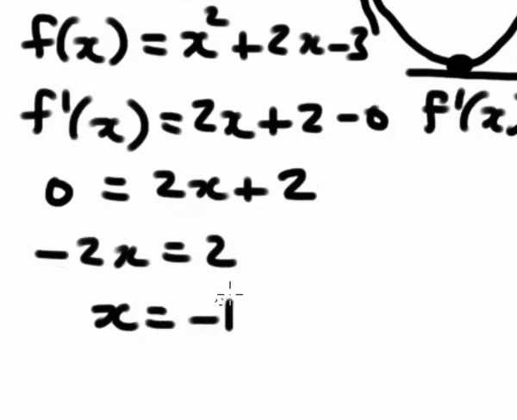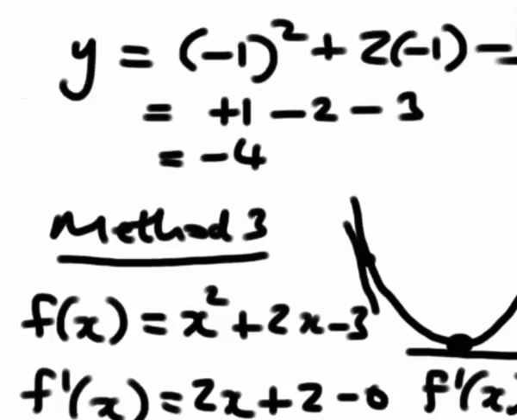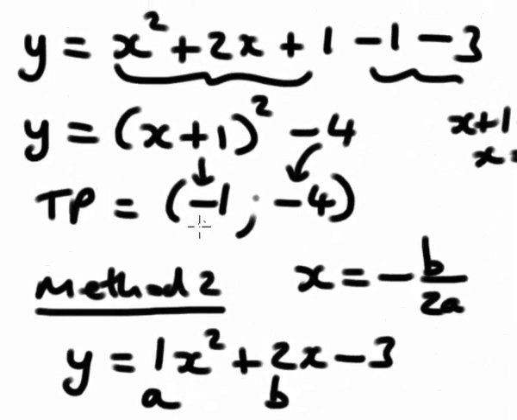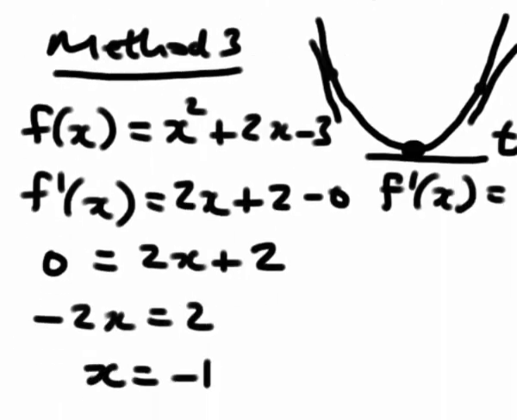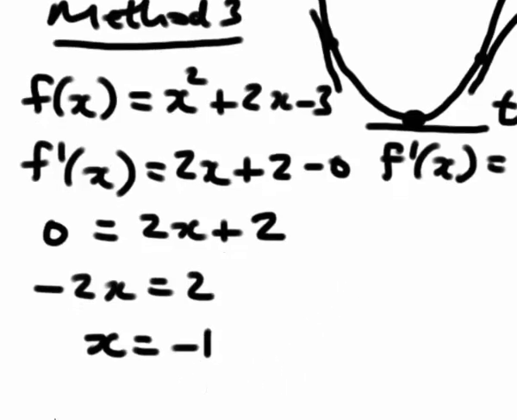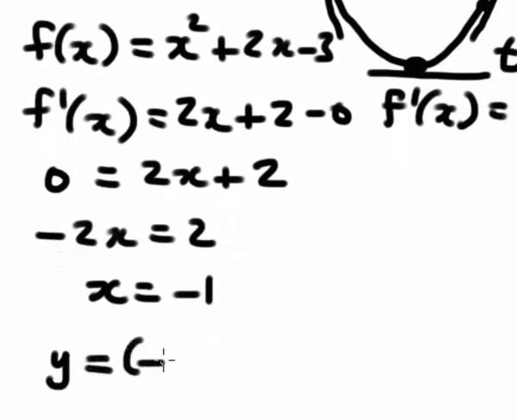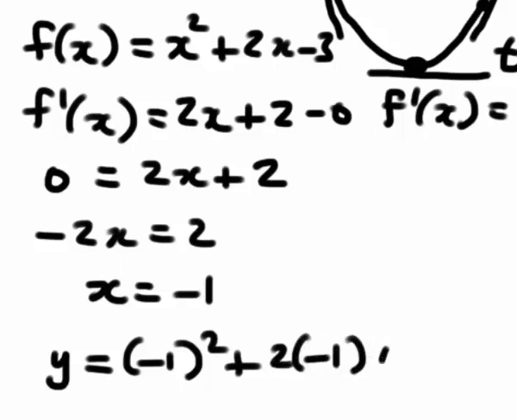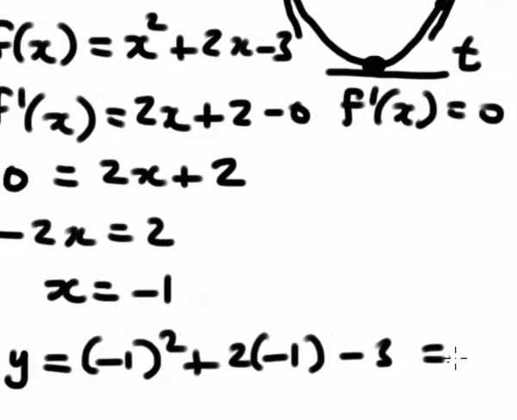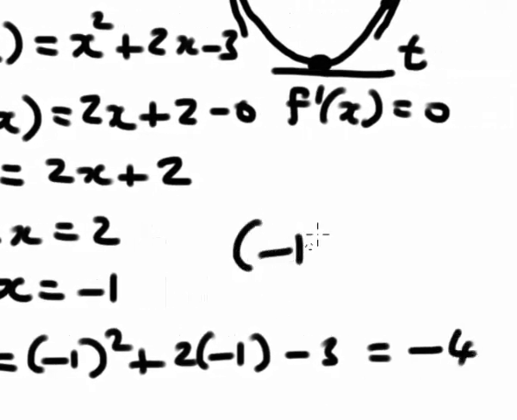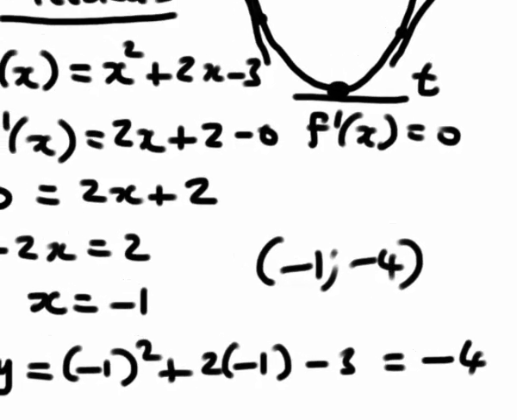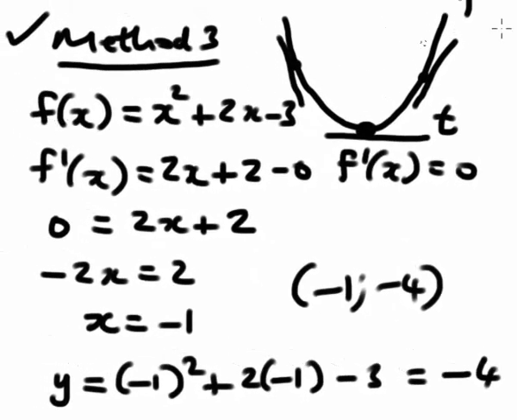You've again got your x value of the turning point. With all the other methods, x was negative 1. For minus b over 2a, x is negative 1. For this third method, x is negative 1. All you would then do is go back to the original and plug it in, and there you go. You have the turning point of the parabola using calculus, and this is the most favorite method that I can think of.